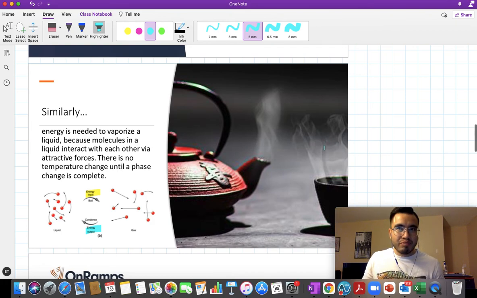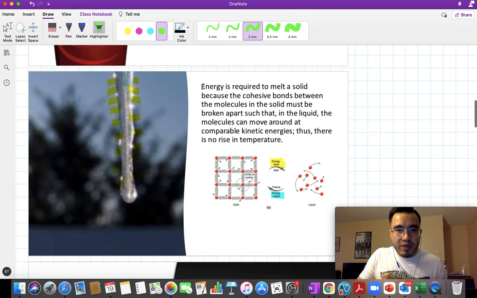That's why steam burns, because water vapor could be at a higher temperature than 100 degrees Celsius. Now, let's focus on this. Energy is needed. Then energy is required. Okay, that is the latent heat.